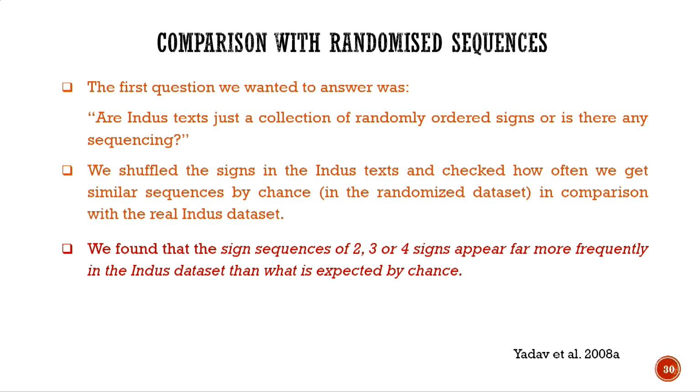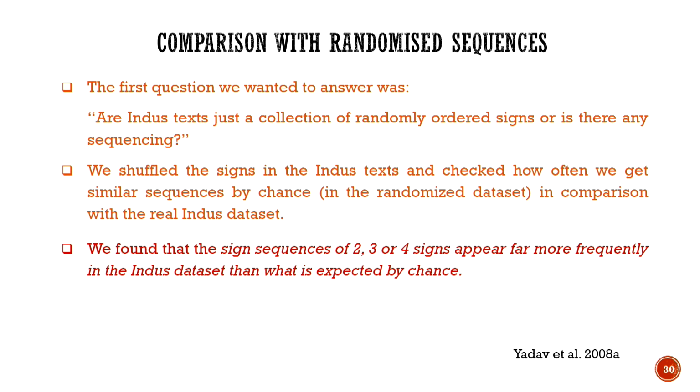So what comes out of this study is the following. We found that sign sequences of size 2, 3 or 4 signs, that is, certain pairs, triplets and quadruplets, were appearing far more frequently in the original Indus dataset than what can be expected by chance.